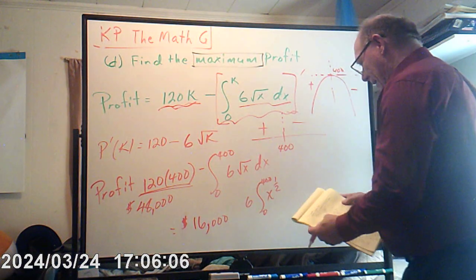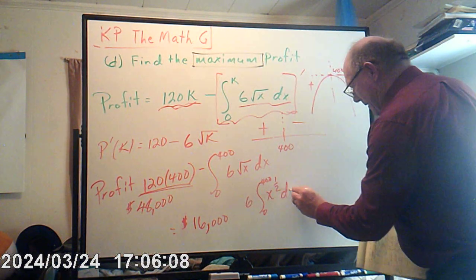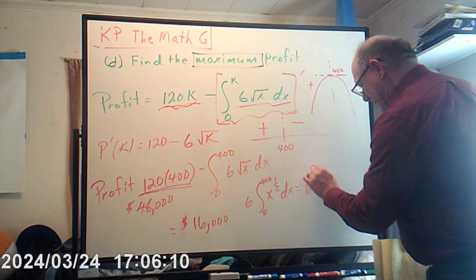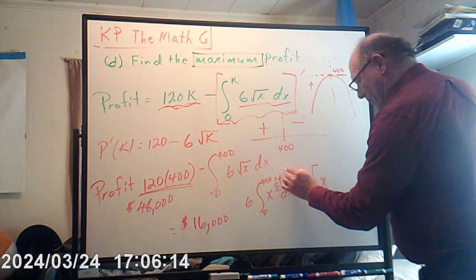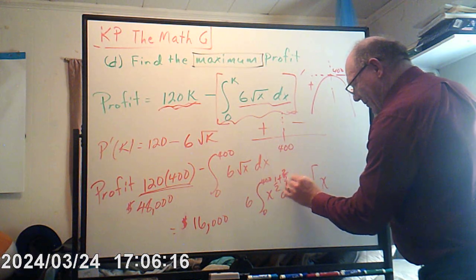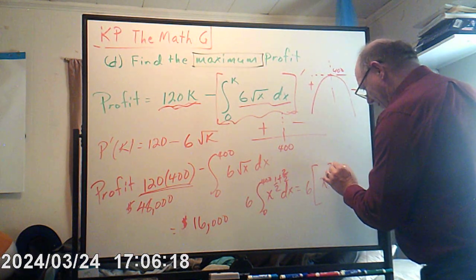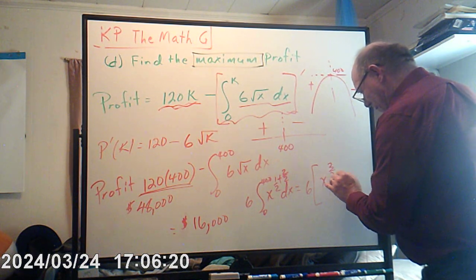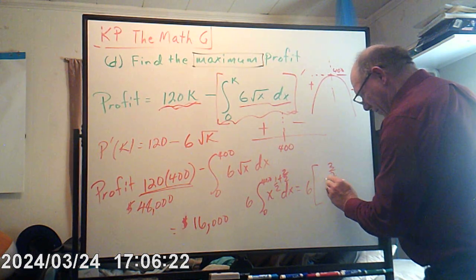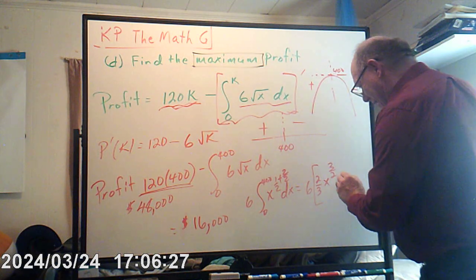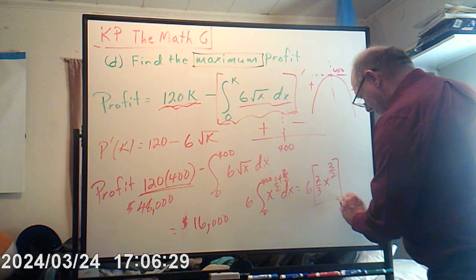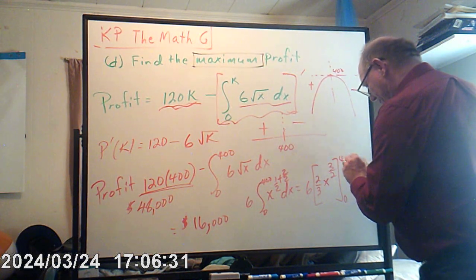Now we got to figure out the rest of this. This is dx here, so this is 6. Now x to the 3/2. Now remember, plus 1 is plus 2/2. So x to the 3/2, and then of course we need a 2/3 in front of that x. So 2/3. I always like to flip it like that, and we are going from 0 to 400.